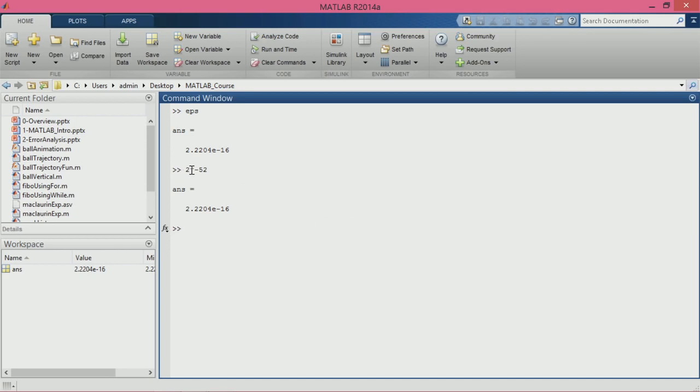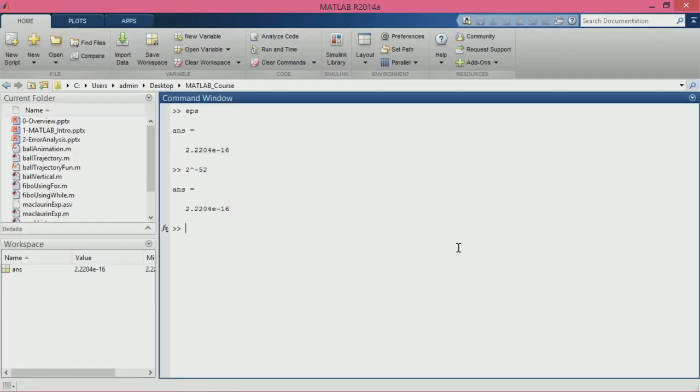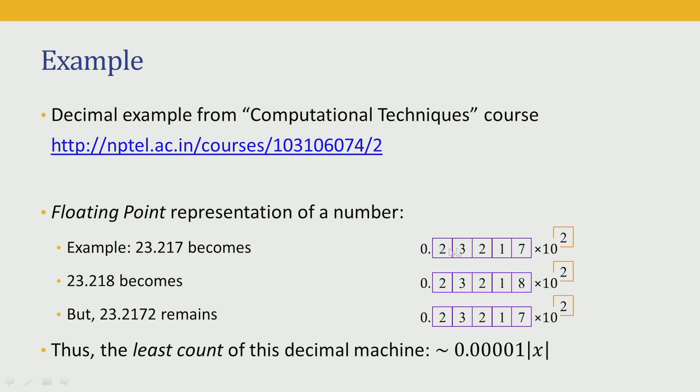The reason is because just the way we had a 5 digit representation of the mantissa in this decimal number, likewise the double precision real number that MATLAB uses, which is the IEEE standard, uses a 52 bit mantissa. So, the mantissa has 52 bits in it. So, the precision is 2 to the power minus 52. Note over here that the precision was 10 to the power minus 5.